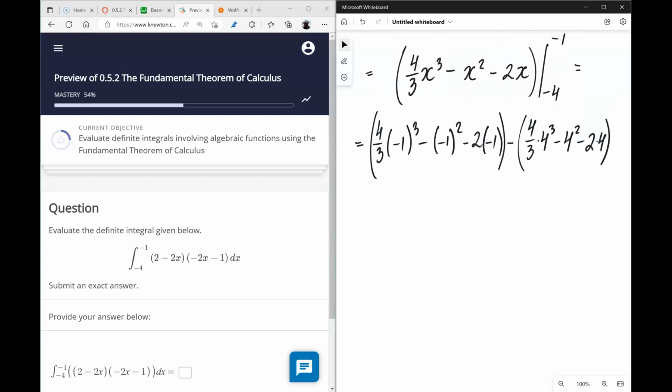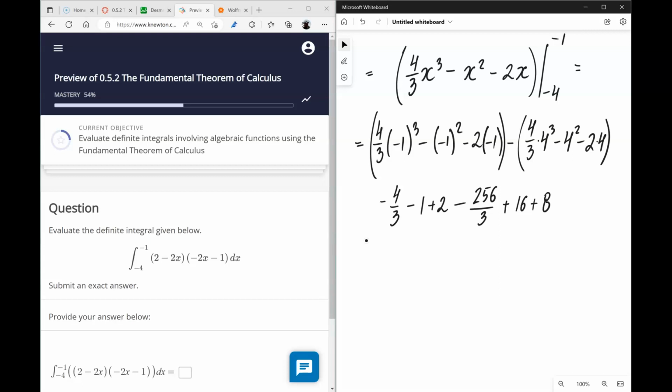And this is -4/3 minus 1 plus 2 minus, and here we have a lot of 4's. So 4 cubed is what? 64. 64 times 4 is 256 divided by 3 minus 16 minus 8. But we distribute this negative, so it becomes plus plus.